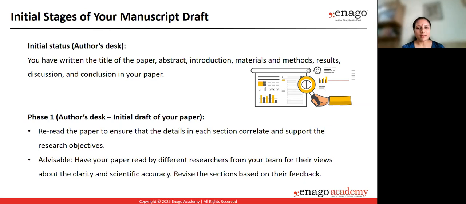We also advise you to read the different sections of your paper and share them with your colleagues, with the researchers in your team, who can share their honest views about the clarity and scientific accuracy of the presentation of the content. Accordingly, based on your right judgment about your research, please go ahead and revise the sentences or sections to bring them up to the mark of the target journal requirement.